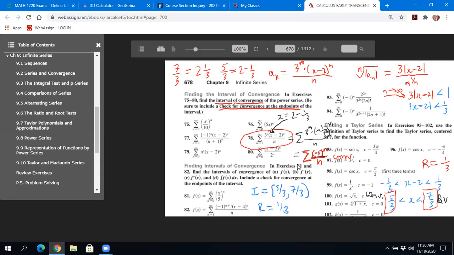Oh, alternating harmonic series, I know what that does. So even though we exclusively apply the ratio and root test at the beginning, you have to remember other things as you're tidying things up at the endpoints of these intervals. Okay, so that's a good thing for sure. Any questions on that one?